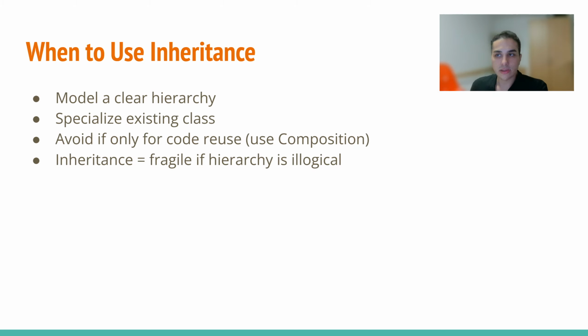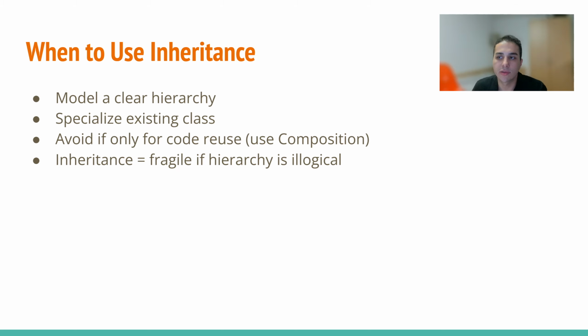And when to use inheritance: we can use inheritance to model a clear hierarchy where a subclass extends a general concept with more specific details. Inheritance is great when you have an existing class and want to create a more specialized version of it. But do not just use inheritance to reuse code where a relationship doesn't conceptually fit.